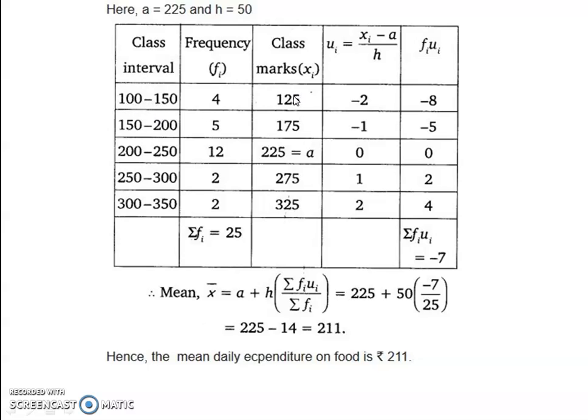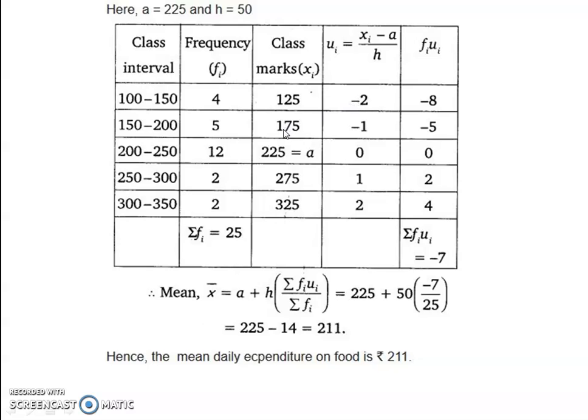Here what was di? di was 125 minus 225, minus 100. Minus 100 divided by 50. It is minus 2. Okay children?